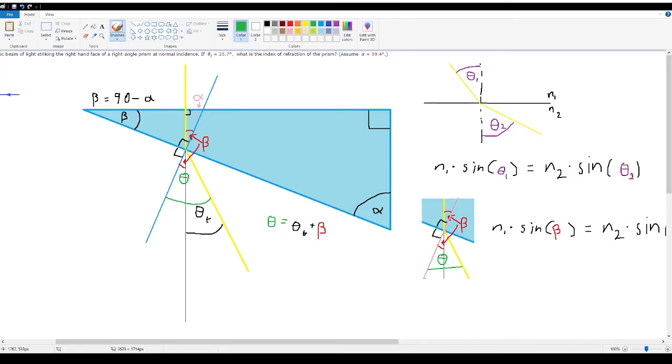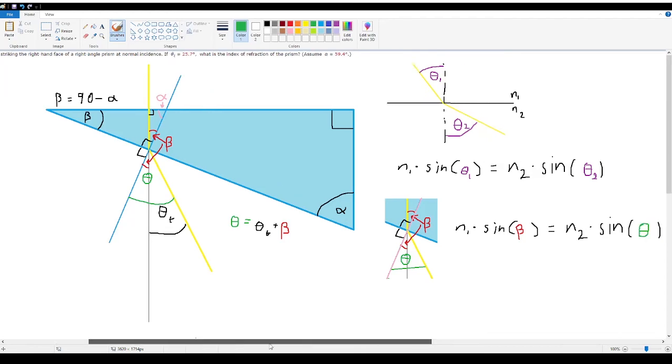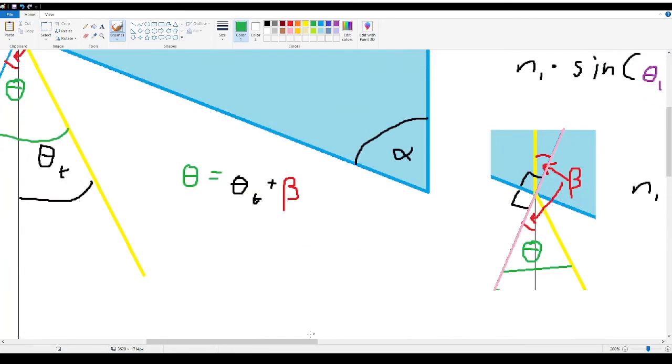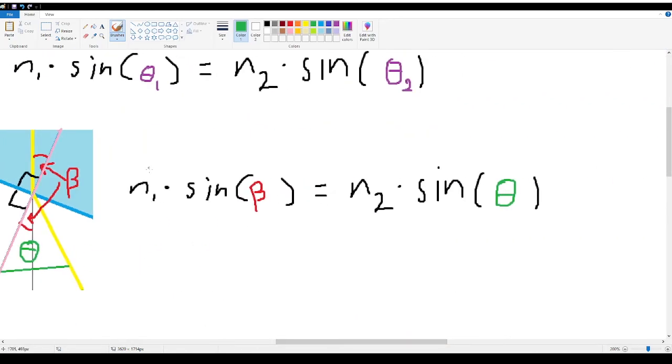So let's consider which side of our Snell's law application right over here is air and which side is the prism. Obviously, the side with beta is the prism, so we're going to rename this not to n1 but to np for n prism. And we're going to say that n2 is actually n of air.